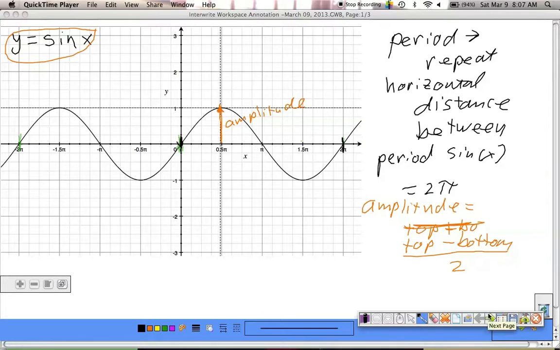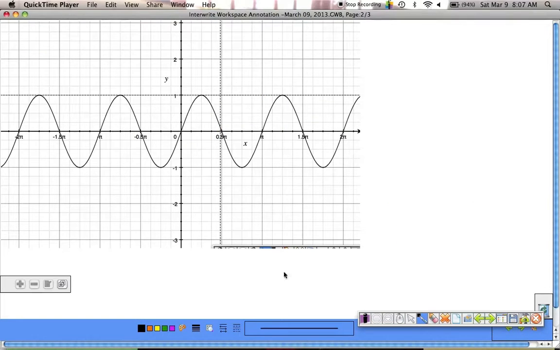If we go over to the next page, this function here is also a sine function, and it's y equals sine of 2x. What you'll notice is that a sine wave always starts in the middle going up. So this is the beginning of a sine wave. This is the beginning of a sine wave.